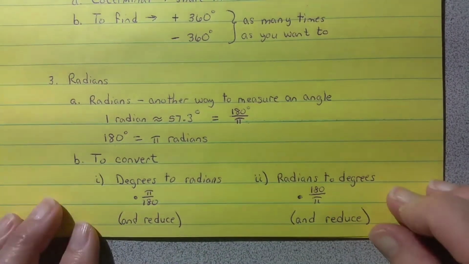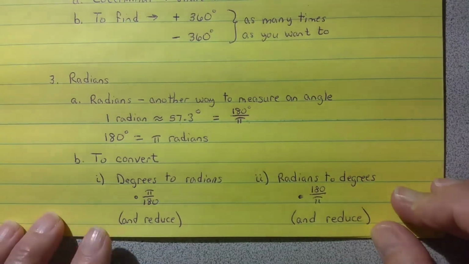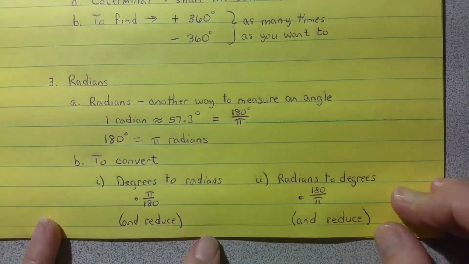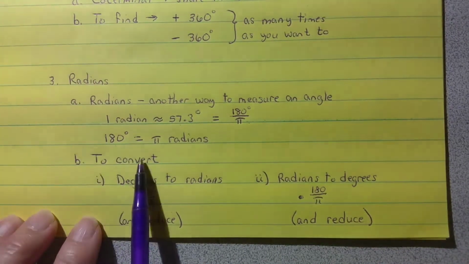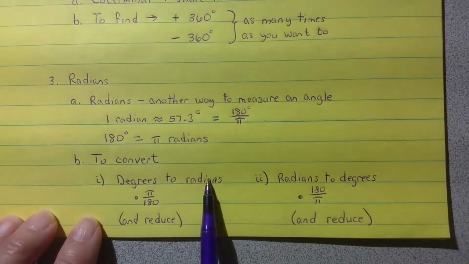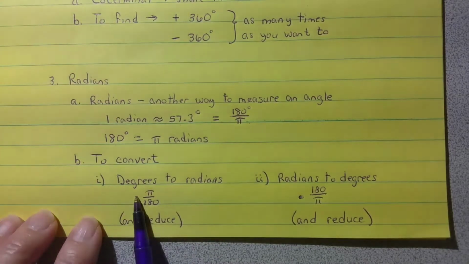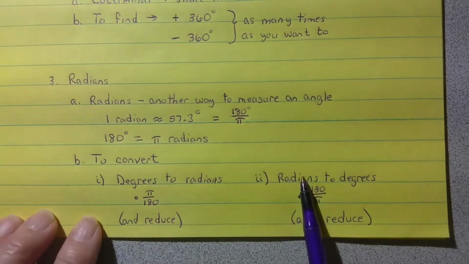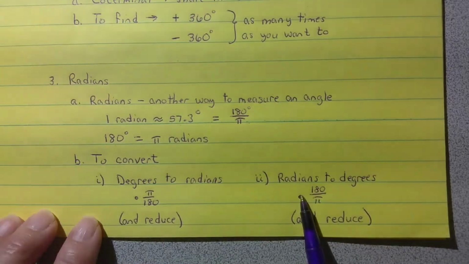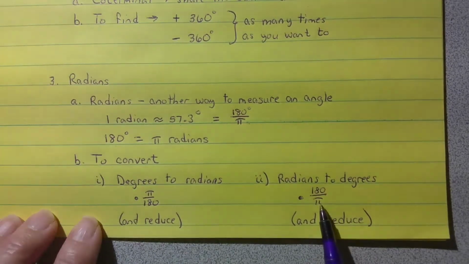They're going to take you a little while to get used to because you've spent your whole life doing degrees, but for right now, very simple rules to follow: if you want to convert degrees into radians, you just multiply your degrees by pi over 180. If you want to change radians to degrees, you just multiply your radians by 180 over pi.